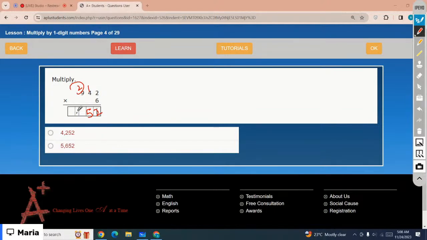So write 6 here and 5 here. That is 5652. Option number 2 is the correct option.